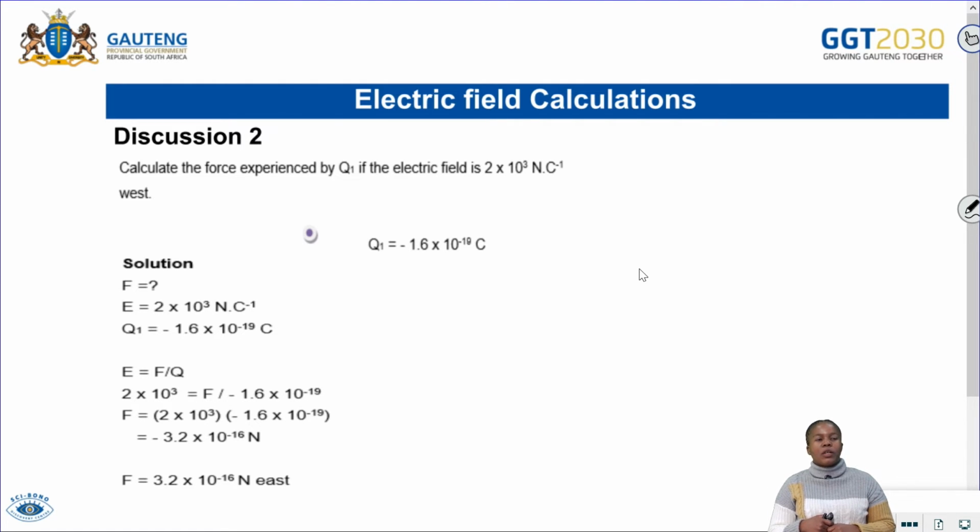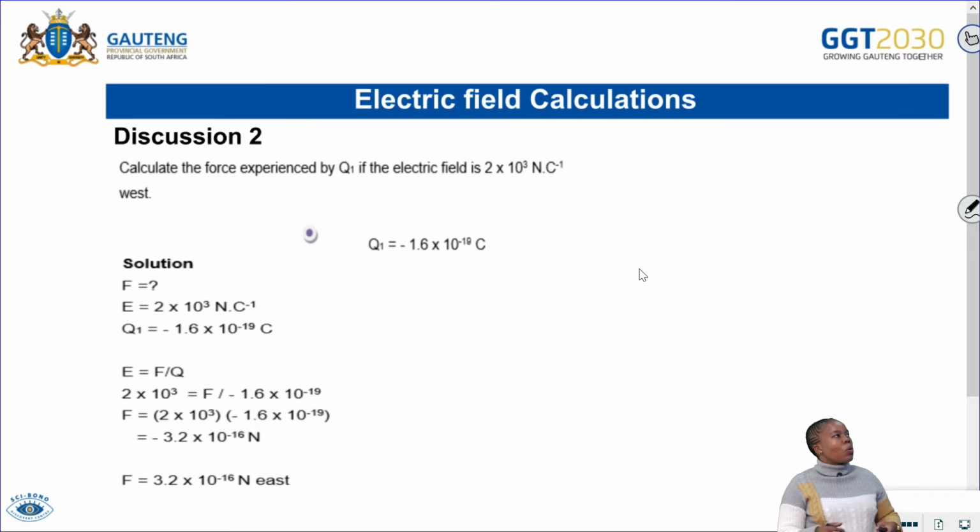We've got discussion number 2. Calculate the force experienced by Q1 if the electric field is 2 times 10 to the power of positive 3 newton per coulomb.